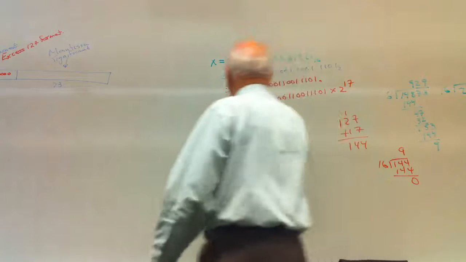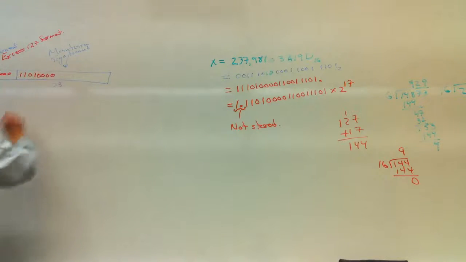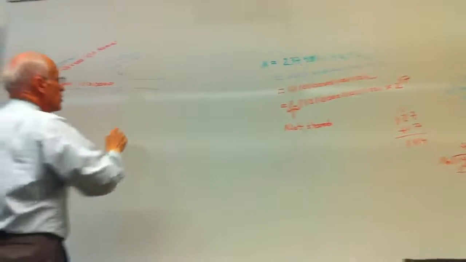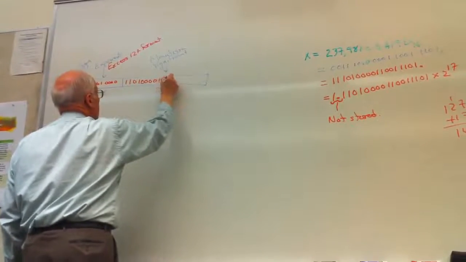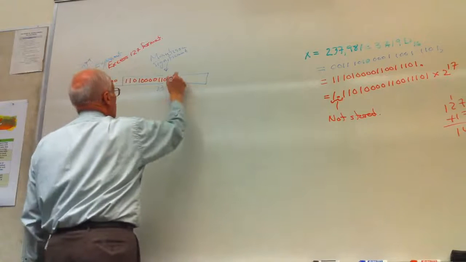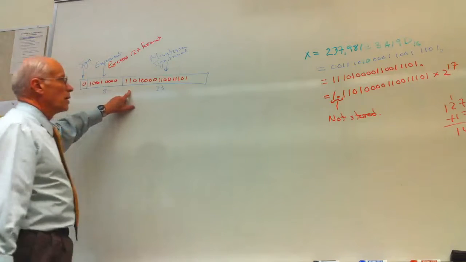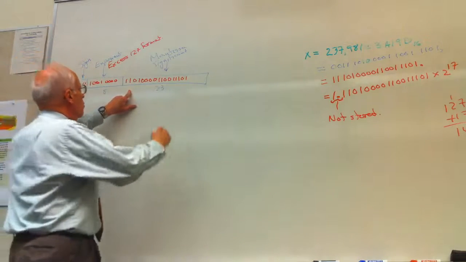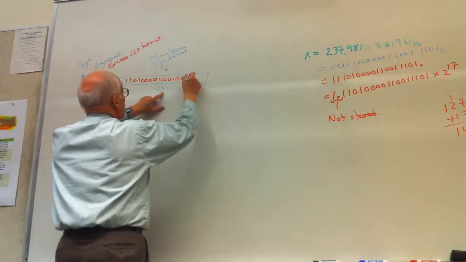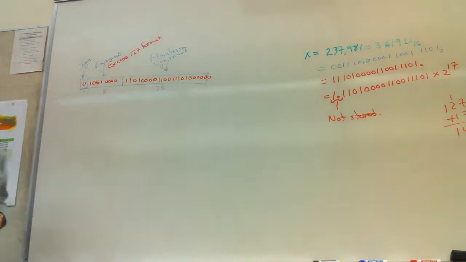So we store 1101, 4 zeros, 1100, 11101. And that's 17 digits, so I need 1, 2, 3, 4, 5, 6 more zeros.